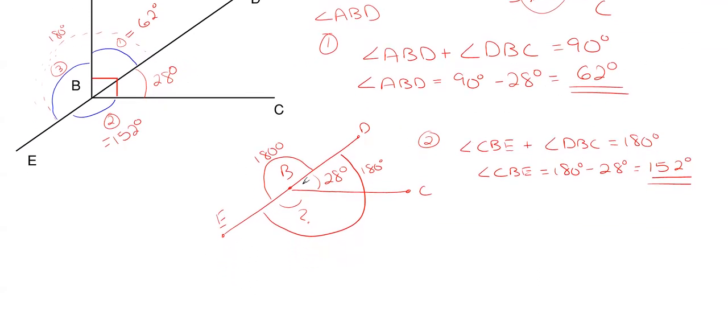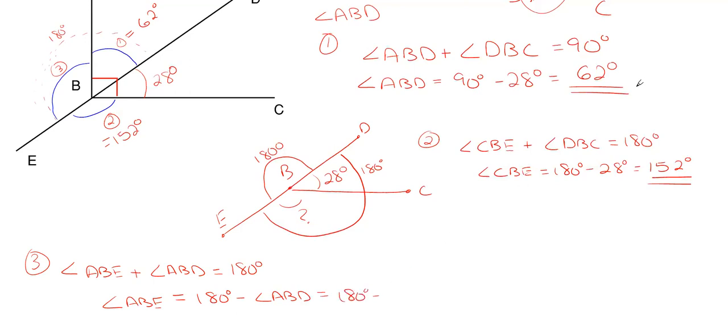For number 3, we are going to have the angle of ABE plus the angle of ABD is going to be equal to 180 degrees. Well, we're looking for ABE. Good old Abe there. So we have 180 degrees minus the ABD, which is 180 degrees minus our previous answer of 62. And that gives us 118 degrees.